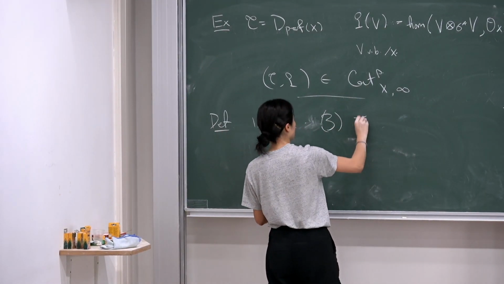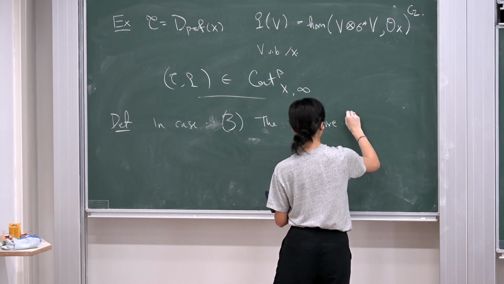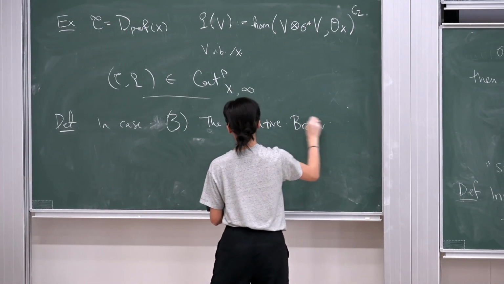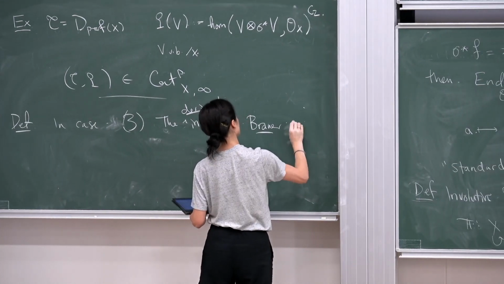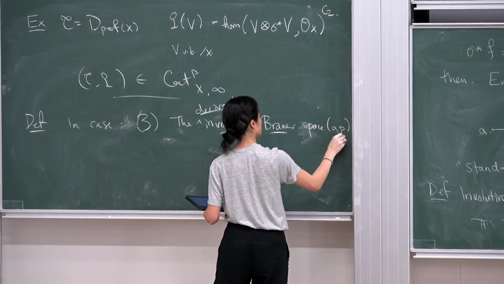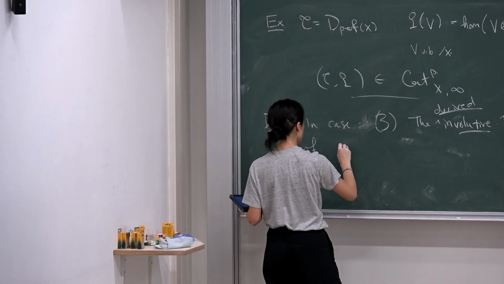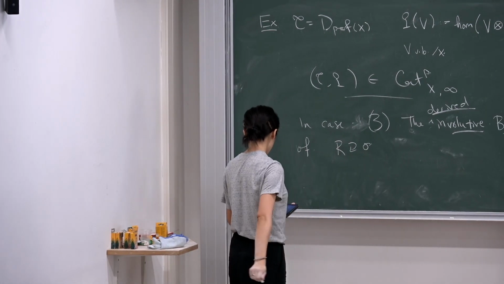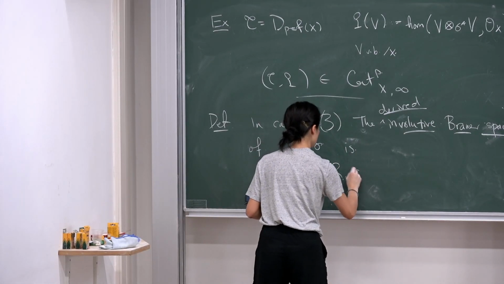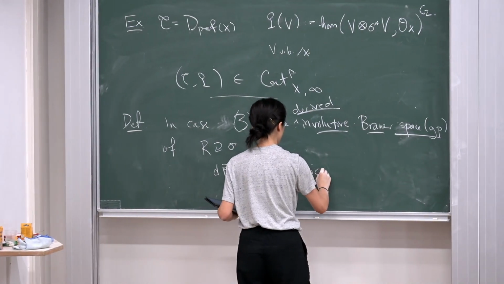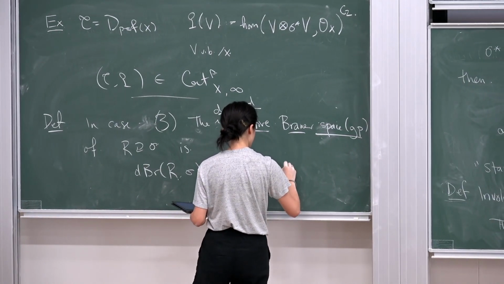I want to define the derived involutive Brauer group or space of R with all this structure, which is the groupoid of invertible R-linear Poincaré infinity categories.